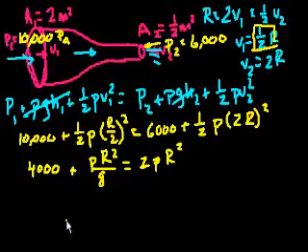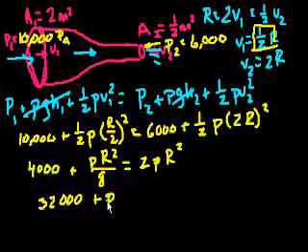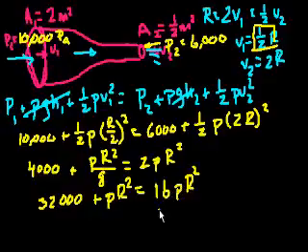We could multiply both sides of this equation by 8 just to get rid of the denominator. So we'd get 32,000 plus rho R squared is equal to 16 rho R squared.